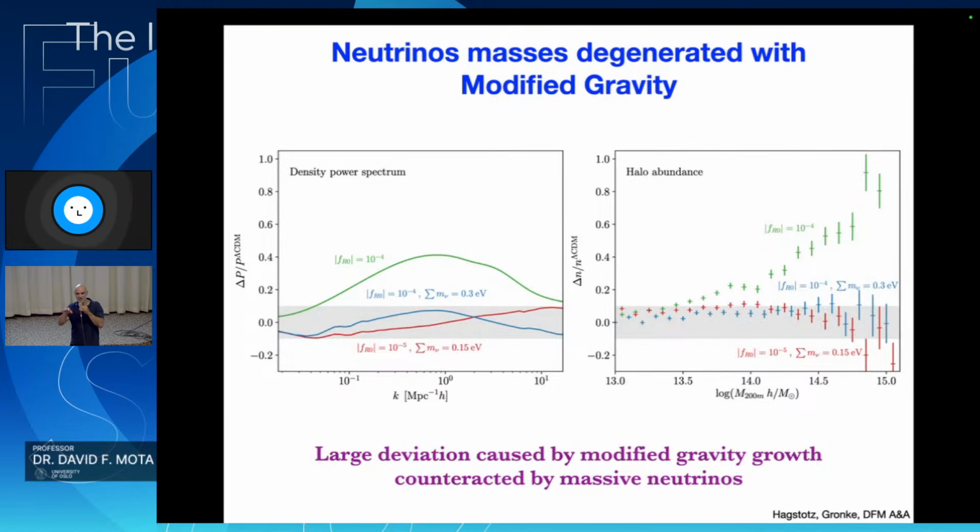So when you put massive neutrinos in your universe, you are putting in some mass, so you have to remove a little bit of dark matter mass. And if you remove a little bit of dark matter mass, then there is less gravity, less matter, so the clustering is a bit smaller. Okay, so that's one way to see it intuitively, but there's a bit more physics to that, something called Jeans instability. That will take a bit longer to explain.